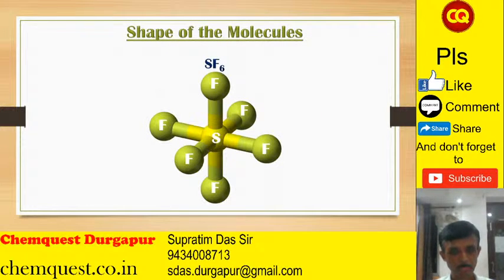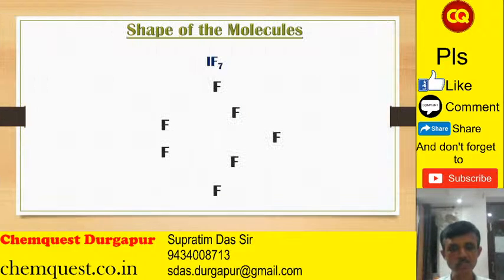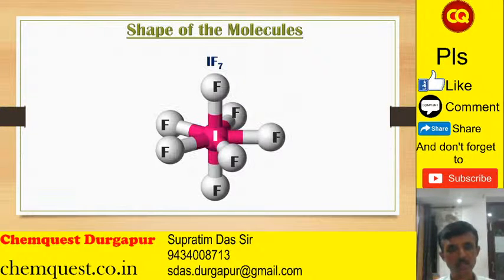SF6 is octahedral, AB6 without any lone pair of electrons. And last, IF7, pentagonal base with bipyramidal part, pentagonal bipyramidal.